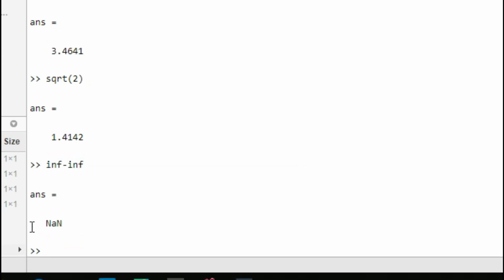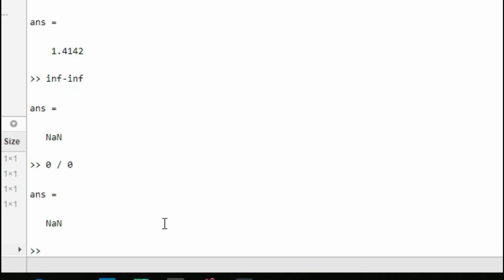It gives NaN, which means not a number, because infinity minus infinity is not defined. Let's try 0 divided by 0. It again gives not a number, because we don't know the actual value of 0 divided by 0.